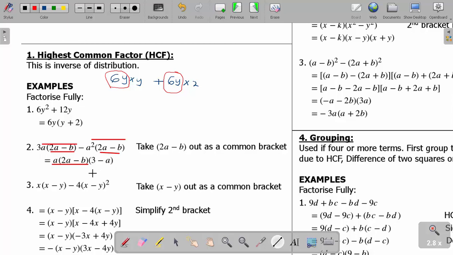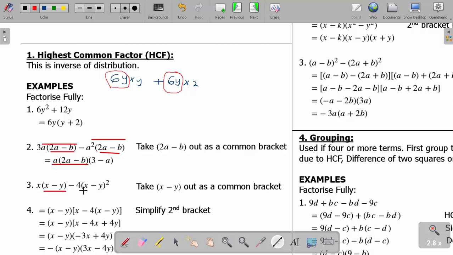Hope we are together. Here I have now x into x minus y minus 4 into x minus y, bracket squared. If you check here again, you can see the x minus y is here. That's one bracket, x minus y. Because of the square, there are going to be two brackets, x minus y multiplied by x minus y.